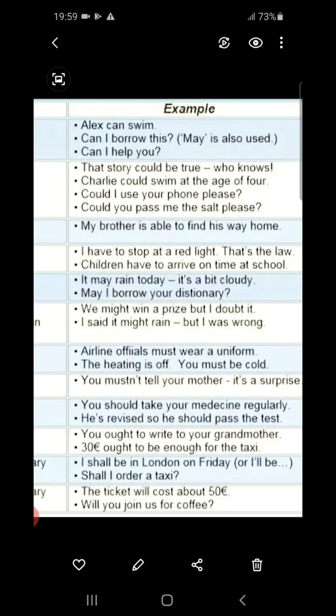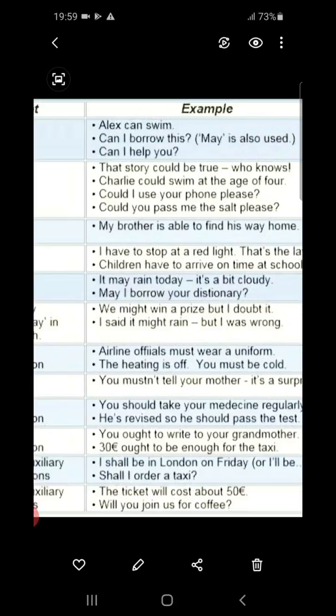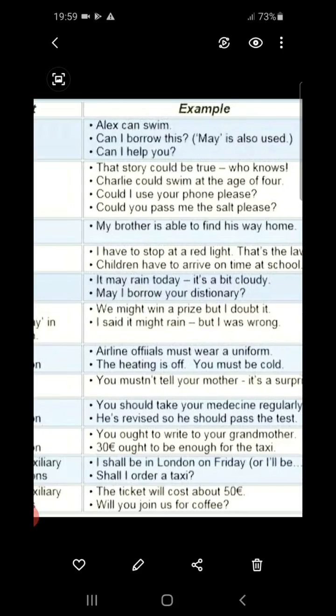So there's a possibility that that story could be true. Who knows? So someone is not sure about a certain story, that whether it is imaginative or it's real, that was being written. So that story could be true. Who knows?